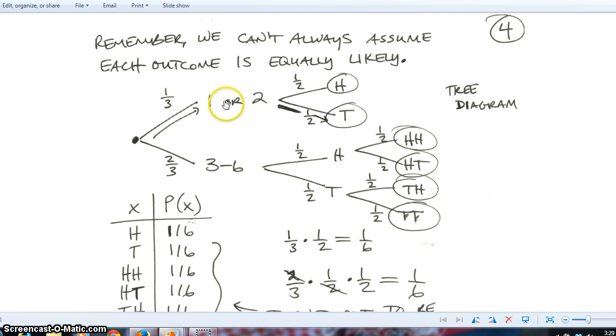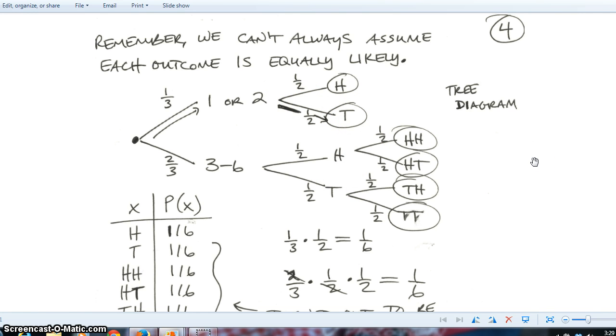Well, if you look at the tree diagram, we're going to put the probabilities here. Probability here is 1/3, 2 out of 6, and 2/3, 4 out of 6. And then, since it's a fair coin, all these remaining probabilities are going to be 1/2.